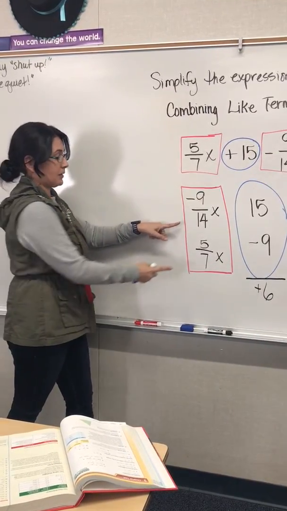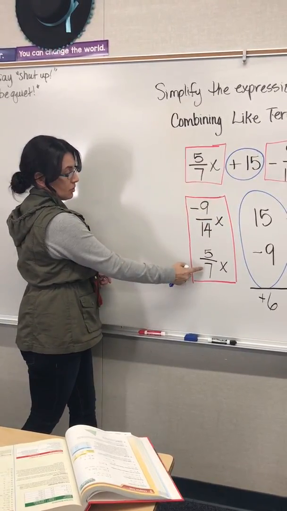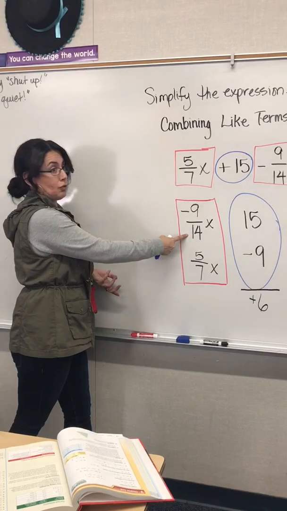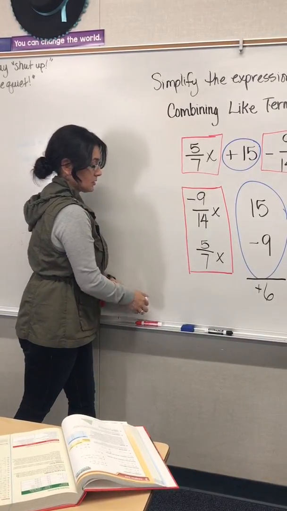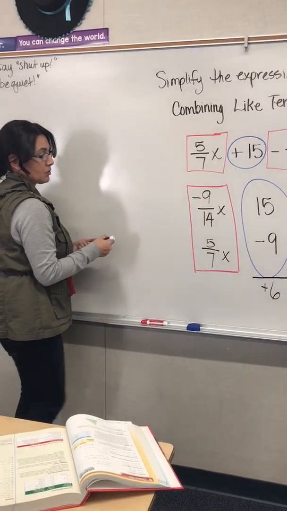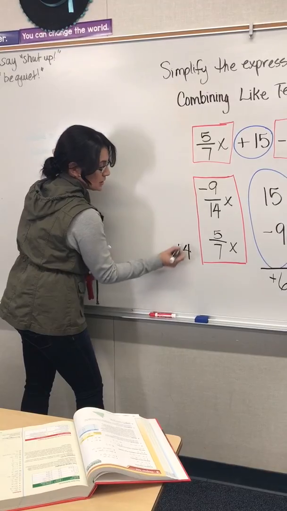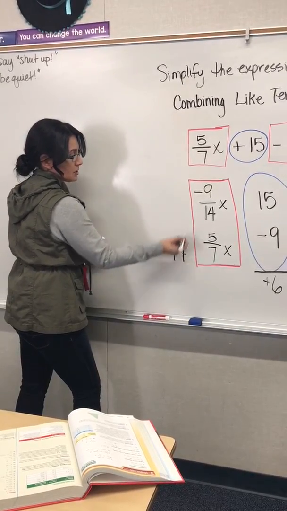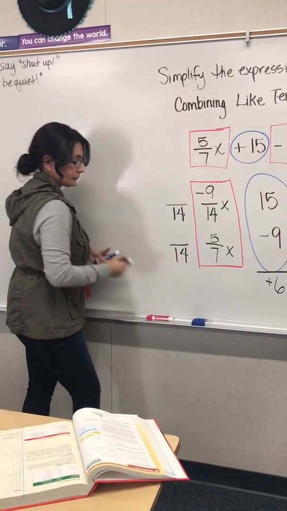Not divided by, but that they both can create, so I want a larger number. So 7 actually goes into 14, so that's their least common denominator, and that's the one I'm going to use. I'm going to write the equivalent fractions right next to them. So this is going to be 14, that's your new denominator, and here's my new denominator of 14.